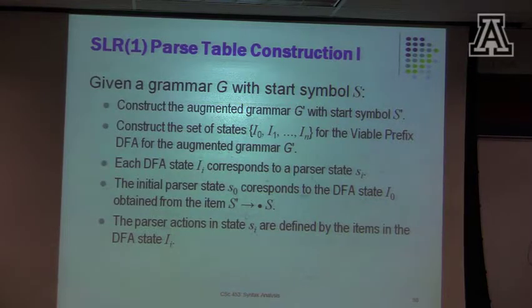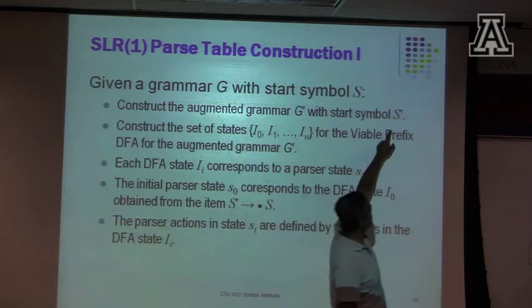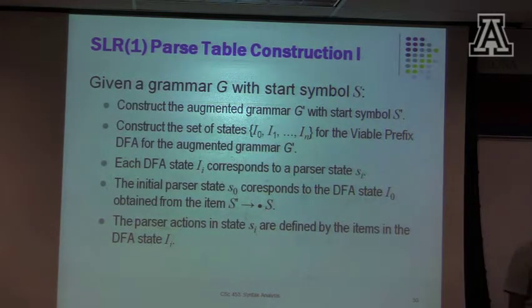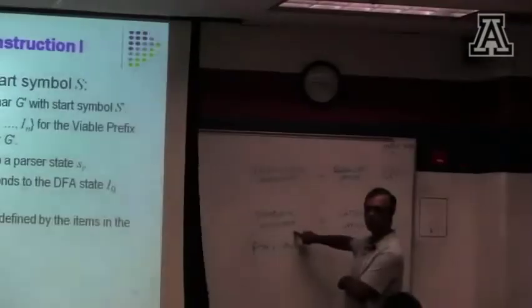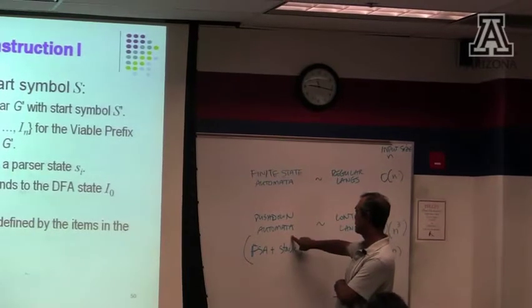You take the grammar, you augment it with a new start symbol S prime, and add a new production, S prime goes to S. Then you compute the sets of items, right? So what you're looking for is the deterministic version of this guy, a deterministic pushdown automaton. That's what we're trying to construct.